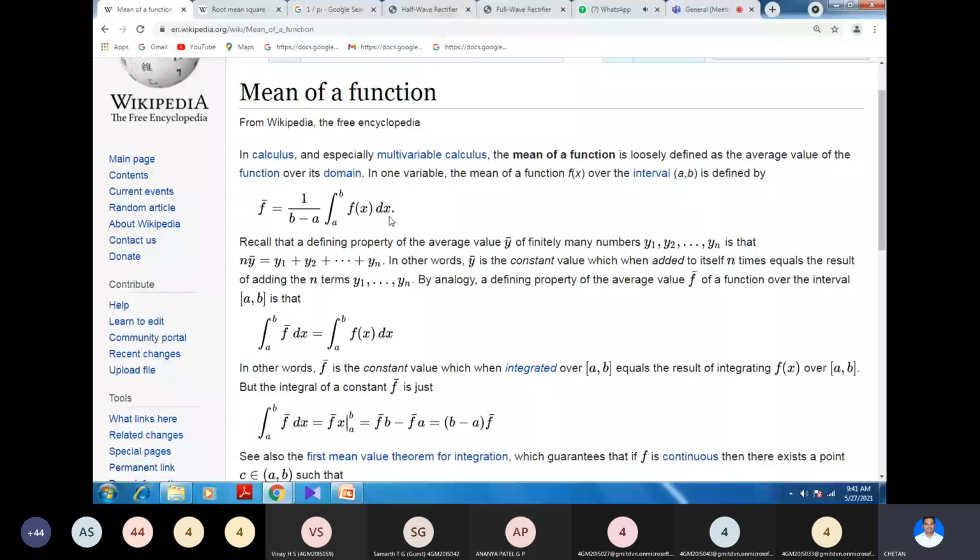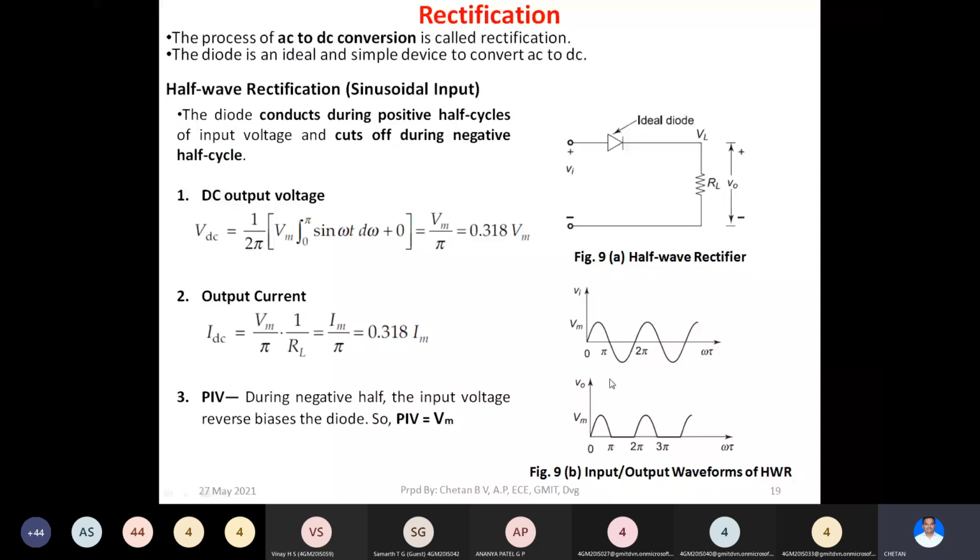One more thing you can notice here is that between pi to 2 pi, the value of V0 is 0. It means that if we simply integrate our function between 0 to pi, then it is sufficient.